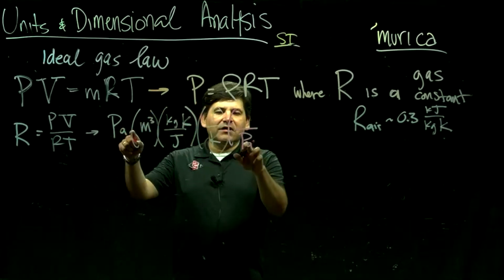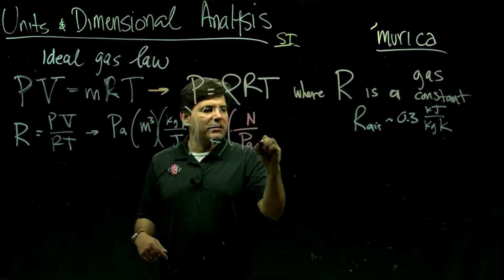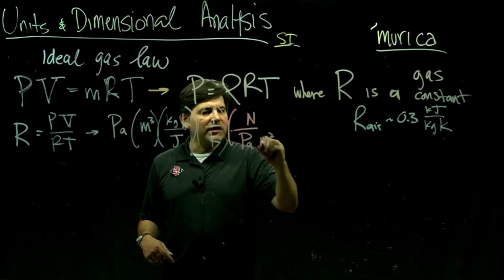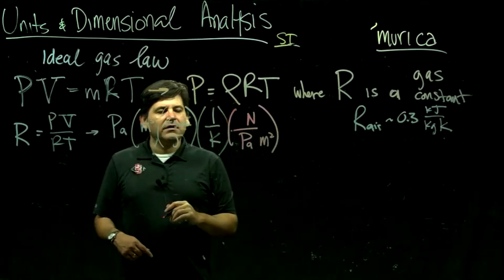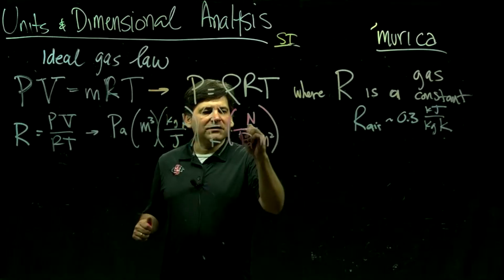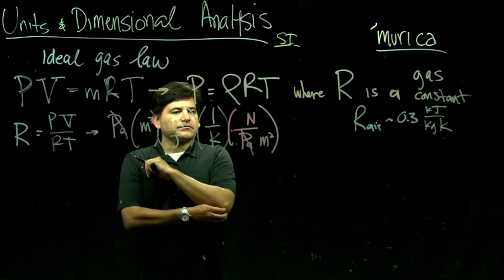So let's put Newton here and meter squared here. So this is the Newton per meter squared here per Pascal. This is a ratio of 1 here. And yeah, so this would cancel out Pascals here. Now we're into newtons and meters squared.